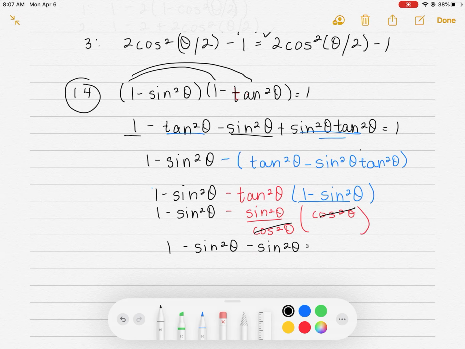So let's check our work. So I want the sine squareds here to cancel, and because it doesn't, I need to see and check my work here. So I'm going to go back, check my distributive property, check all my signs.